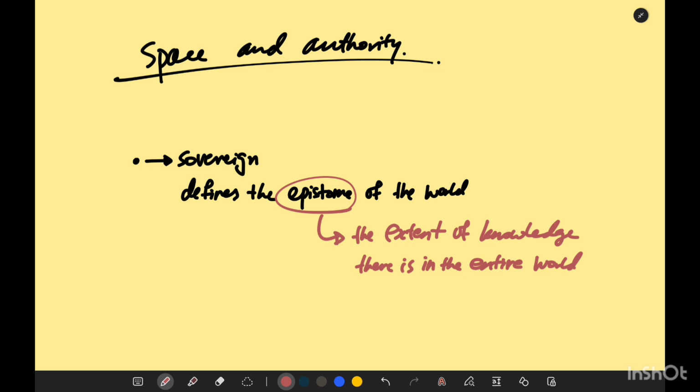Yes, and here is where I would like to draw a connection between this concept and biopolitics, because in biopolitics it is also the sovereign's job to define who gets to live and who gets to die. Like who is a worthy person and who is not. And it's the same thing as well, where the sovereign gets to decide where the knowledge begins and ends in the case of Flatland.